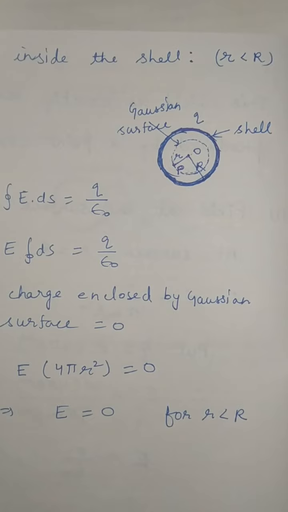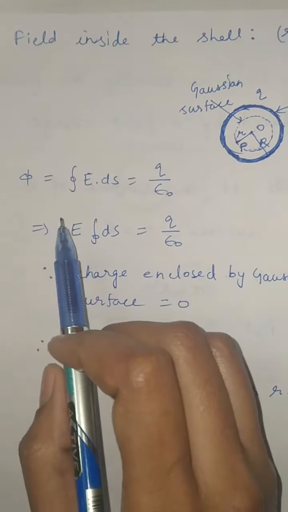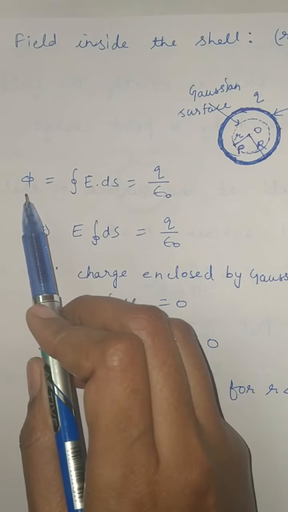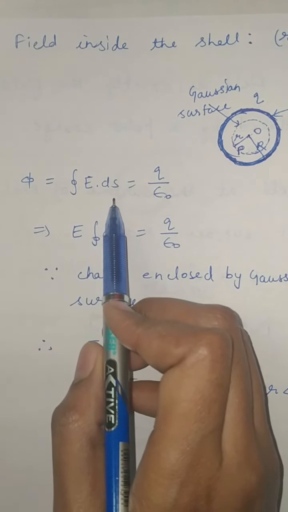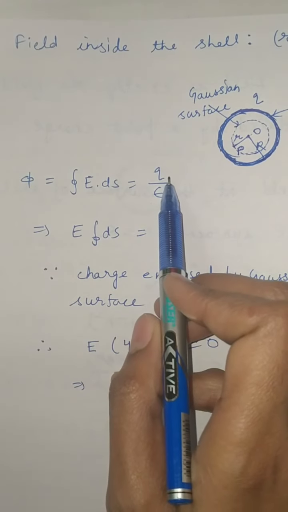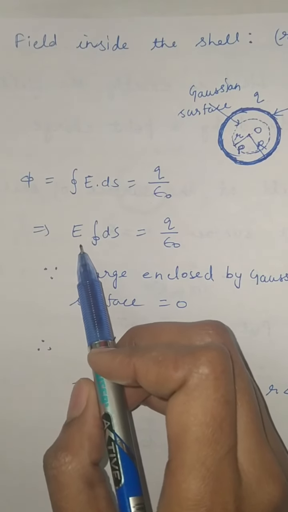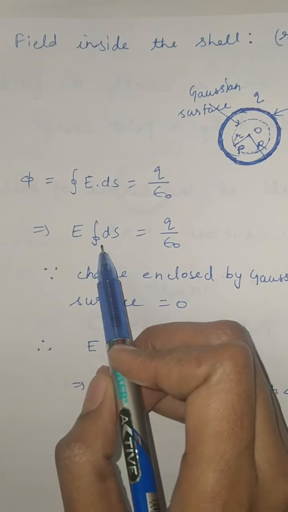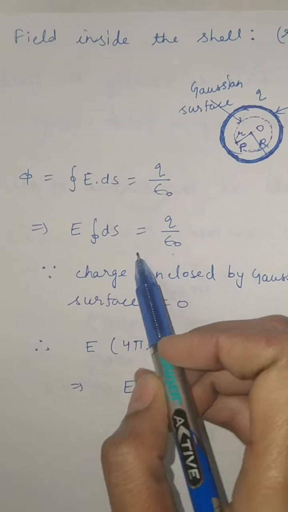So we will apply Gauss's law, according to which the electric flux is equal to integration E dot ds, which is equal to 1 upon epsilon naught times the charge enclosed. So E ds is equal to q upon epsilon naught.